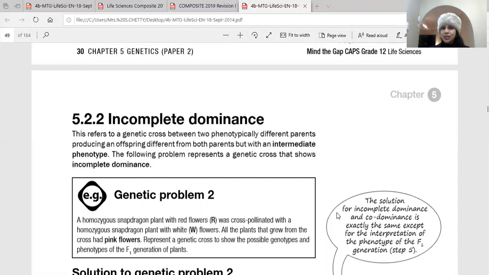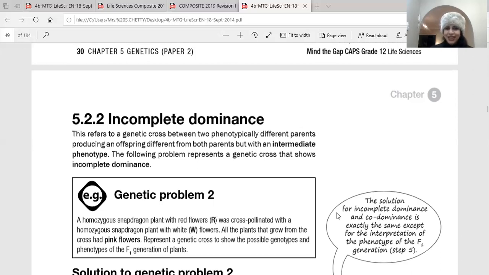I always say this to the children. It's like having a husband and wife who can't decide between putting brown color paint on the wall or white color paint. And so they come to a compromise. They mix the white with the brown and they come up with a somber light brown.